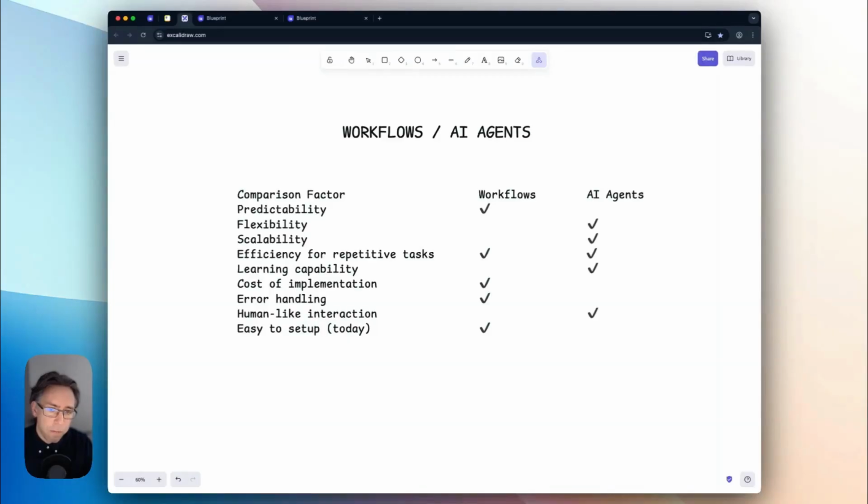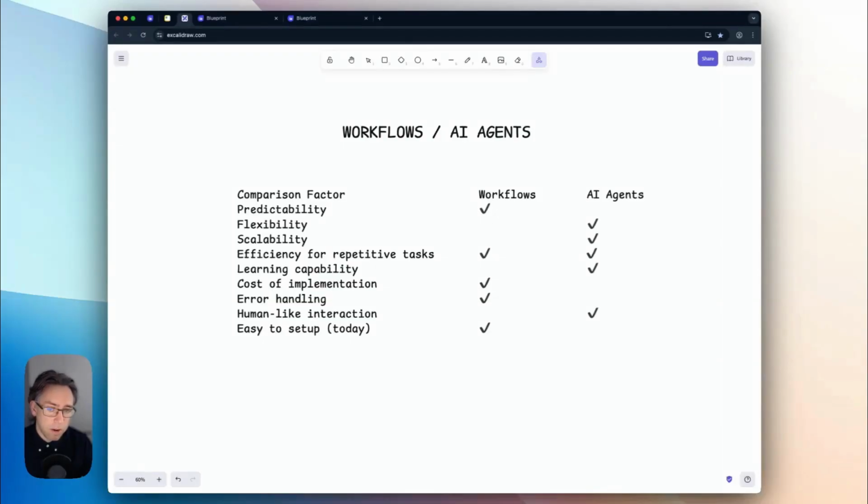The efficiency of repetitive tasks, obviously, both of them have the capability of performing tasks. It's a bit of a 50-50 in this case, although I would say I lean toward workflows being a lot more efficient, simply because you don't have to always engage a large language model or similar AI system in order to make the process work.